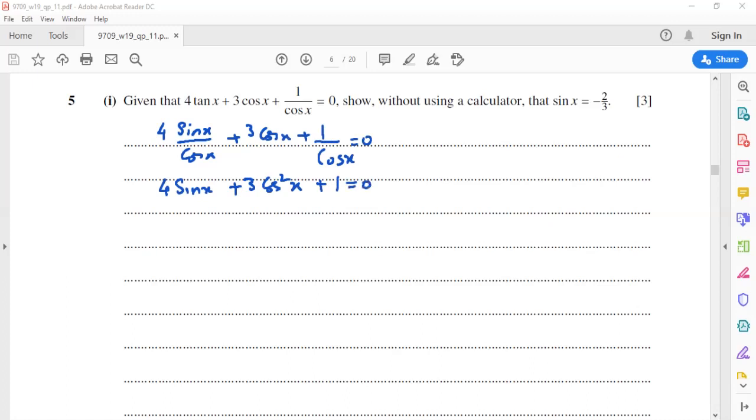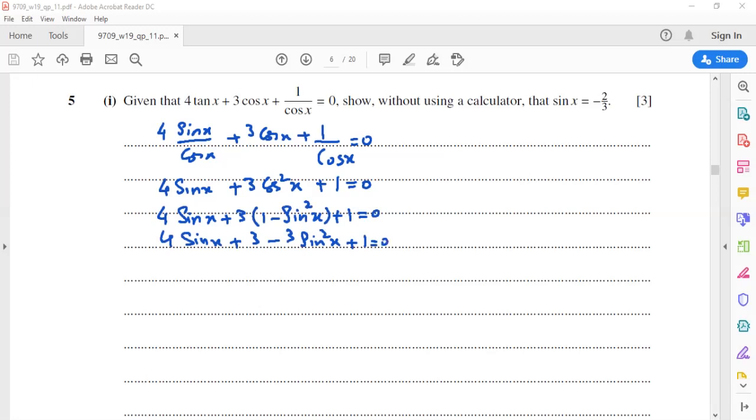Now we need to shift everything to sine by placing the formula cos square equals 1 minus sin square. So 4 sin x, plus 3 times 1 minus sin square x, plus 1 equals 0. This will be simplified to 4 sin x plus 3 minus 3 sin square x plus 1.